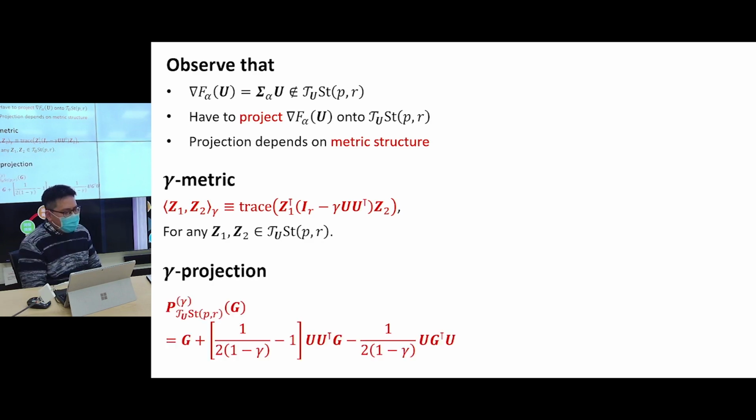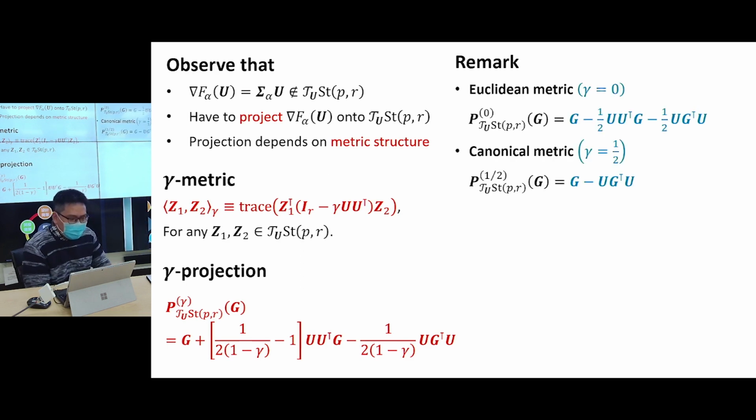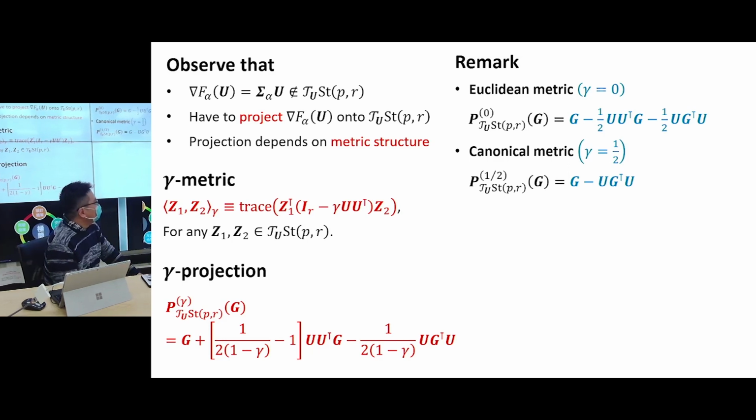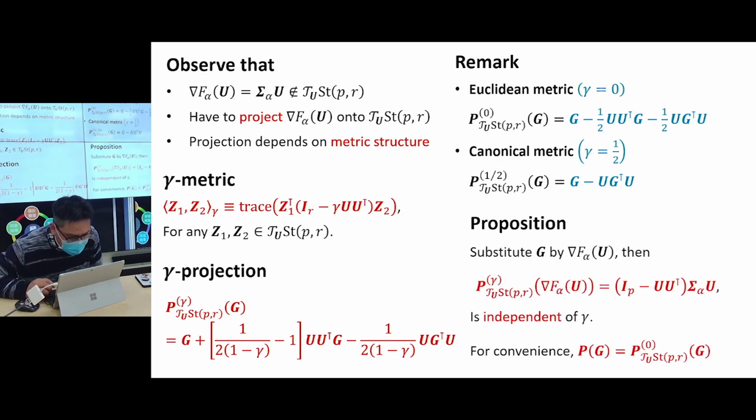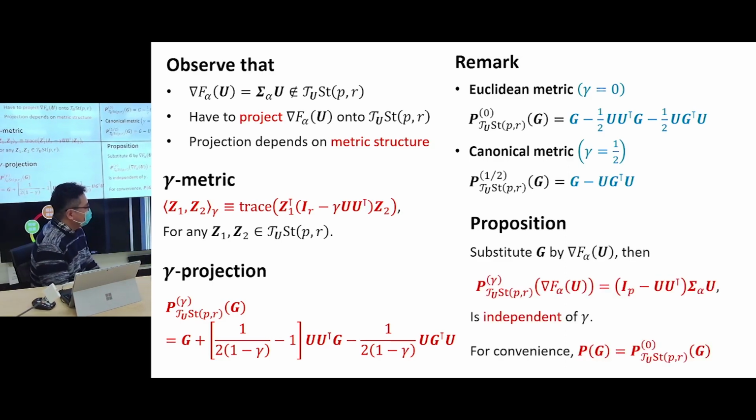With this gamma metric, the gamma projection is given by this formula. Suppose we are given an arbitrary P by R matrix G, then the projection of G is equal to this formula. We can see some remarks here. If gamma equals 0, then the projection is equal to this formula. And if gamma equals 1/2, then the projection is equal to G minus U G transpose U. But we give a proposition here.